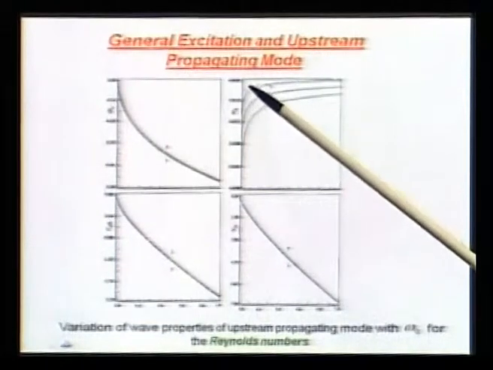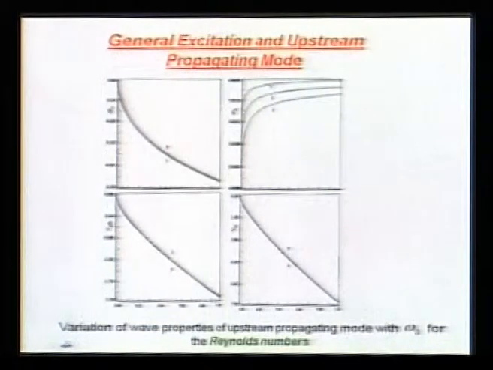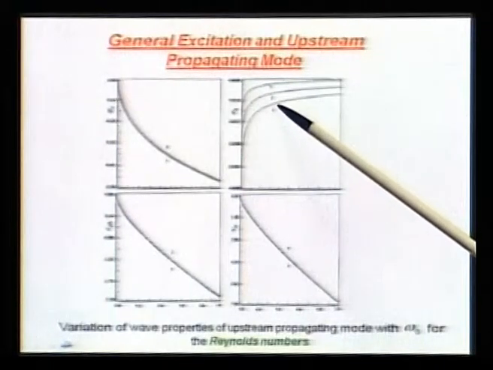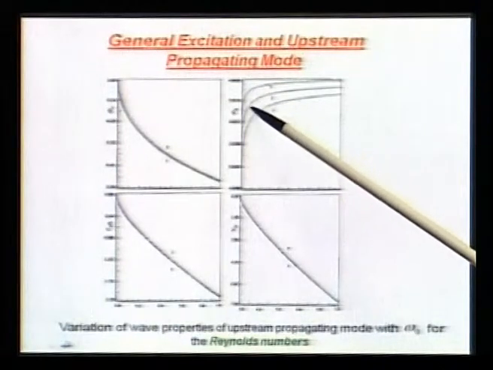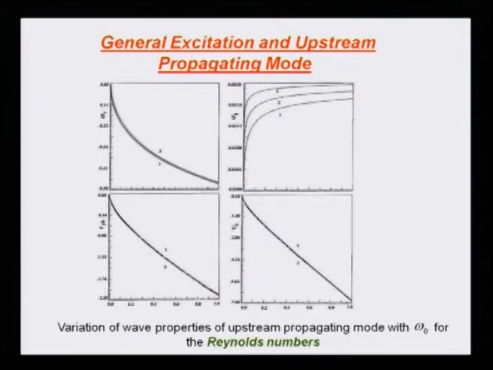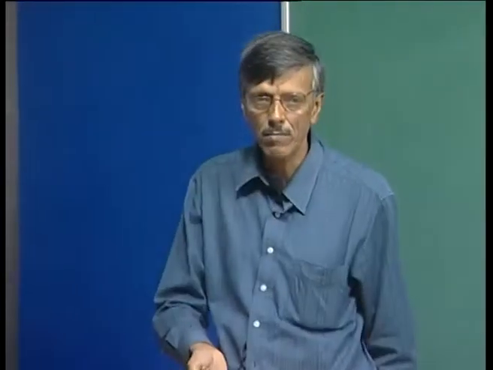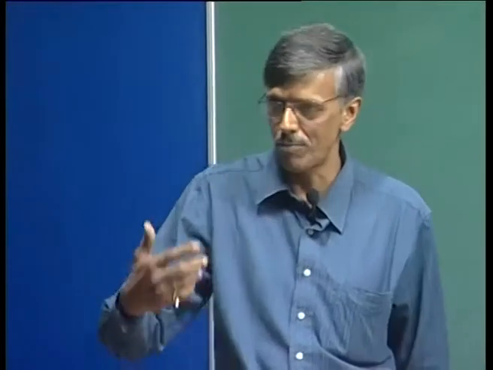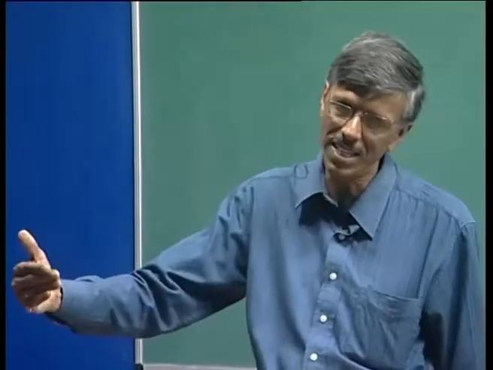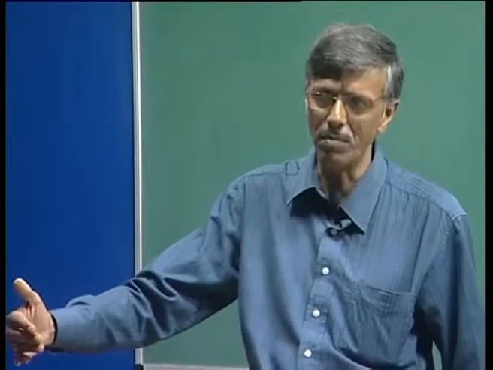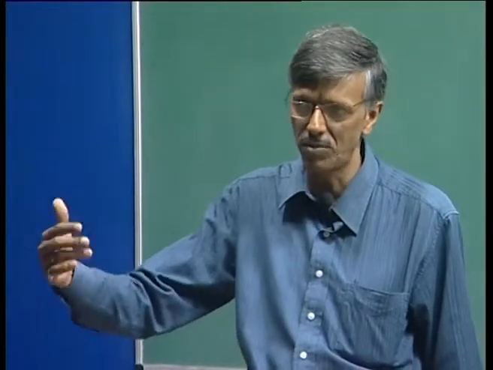However, if you look at alpha I, that is somewhat revealing. For the same omega naught, for higher Reynolds number, alpha I is smaller, meaning what? These are all stable, but higher Reynolds number means less stable. So for these upstream propagating modes at lower Reynolds number, you will not see their effect very much, because the damping rate is very high.